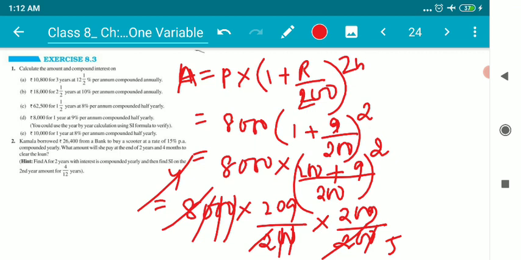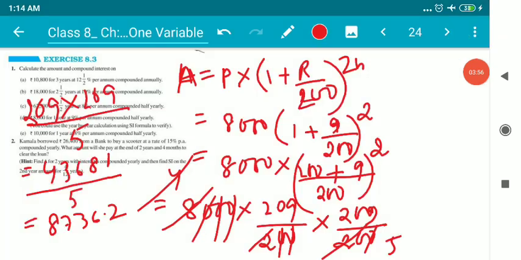Now children, what I have got is 209 into 209, divided by 5. If I multiply 209 and 209, I get 43,681, and as it is divided by 5, my calculation will come to 8,736.2. Now the question is, sir, what is this?